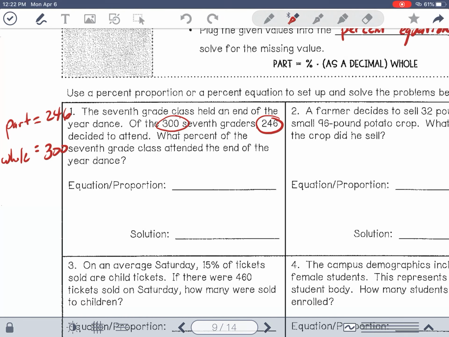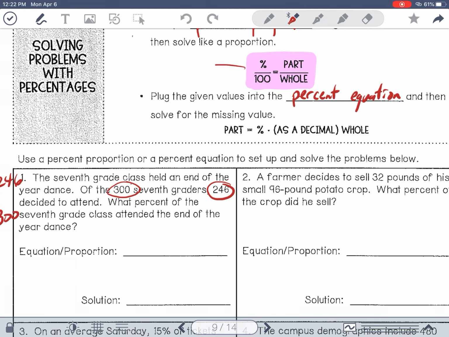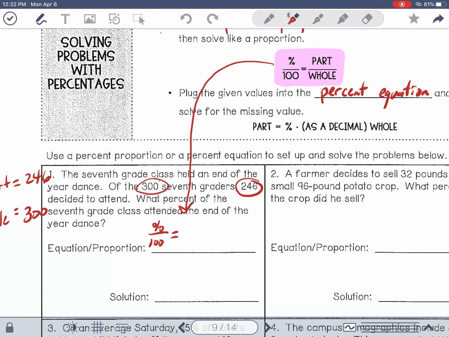When we set this up using the equation above, you'll say percent over 100 is equal to part over whole, 246 over 300. You can use scaling or cross multiplication.